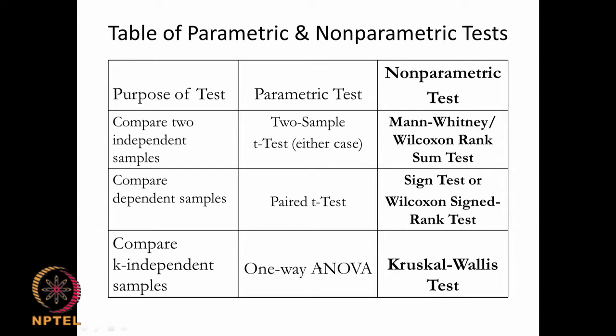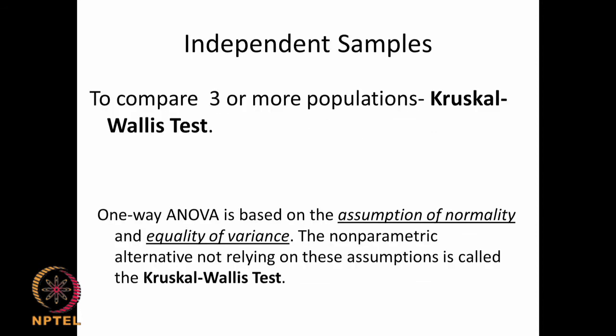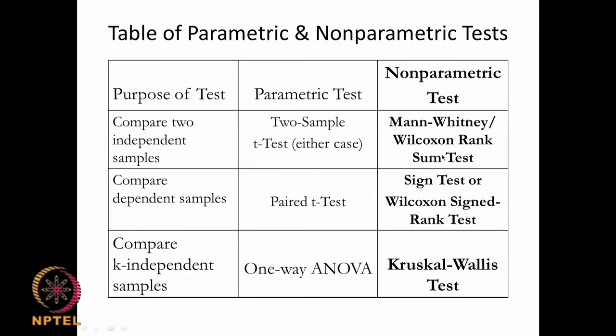Now let us look at the equivalent to your one way ANOVA. What do we do in one way ANOVA? We have several sets of samples and we are trying to compare them. If you have homogeneity of variance, we can use ANOVA, but otherwise we need to resort to the Kruskal-Wallis test. If you want to compare 3 or more populations, for 2 populations we can use the Mann-Whitney-Wilcoxon rank sum test, or if it is paired we can use the sign test.